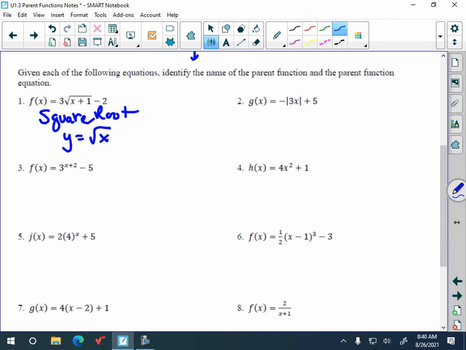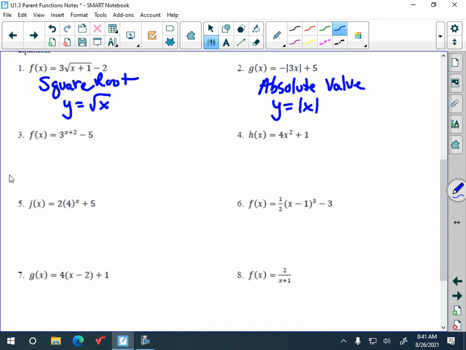All right, so number 2, what's that called? Absolute value. And its parent function equation, y equals absolute value x. All right, number 3, since there's an x in the exponent, this is called an exponential function.